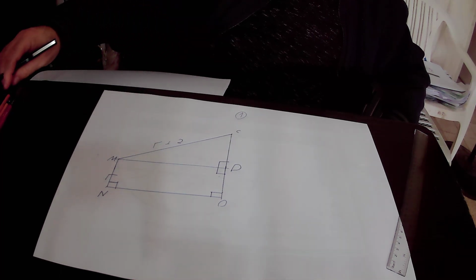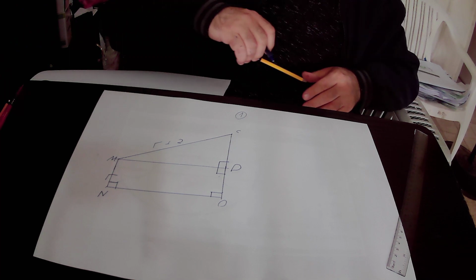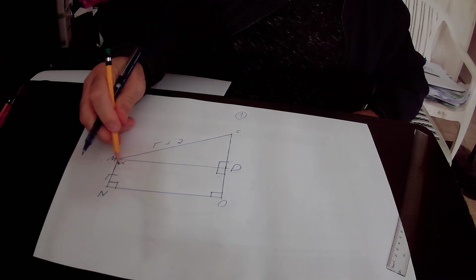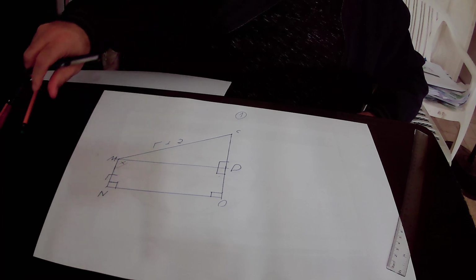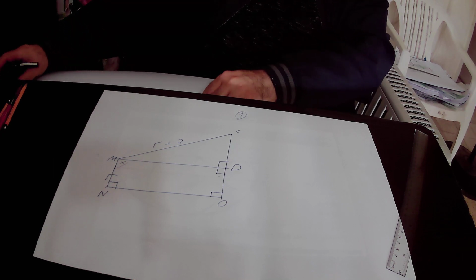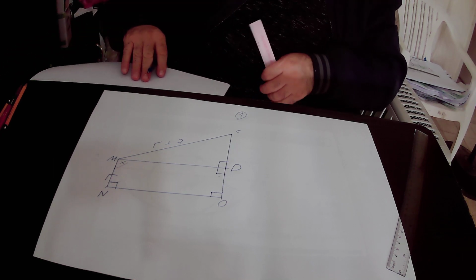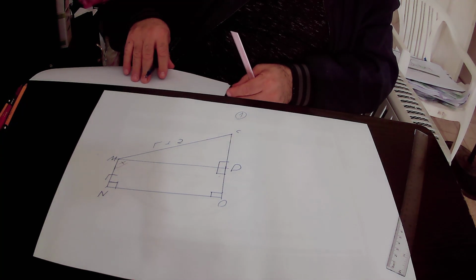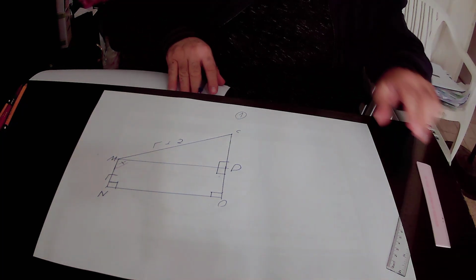We will define it as angle X. Plus the size of angle X must be equal to 360 degrees, according to the rule that the sum of the angles in any quadrilateral equals 360 degrees.